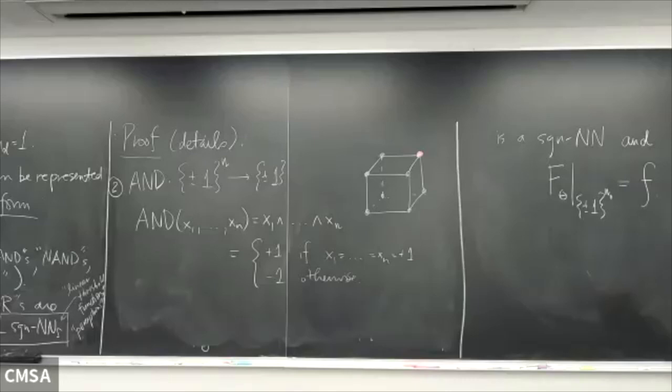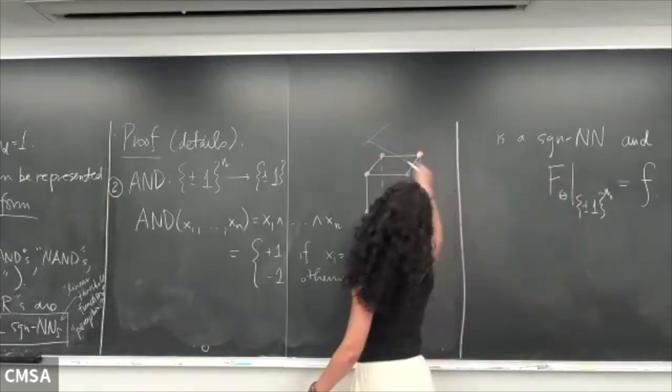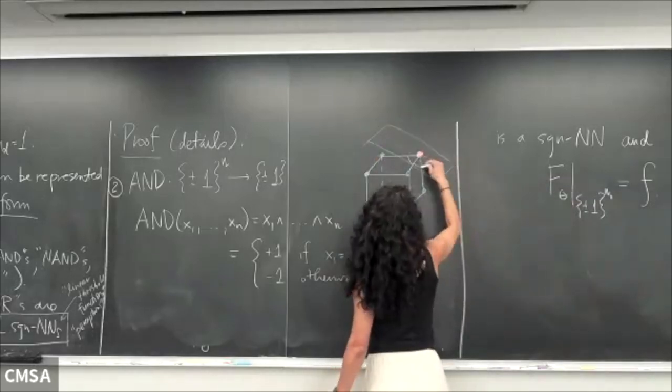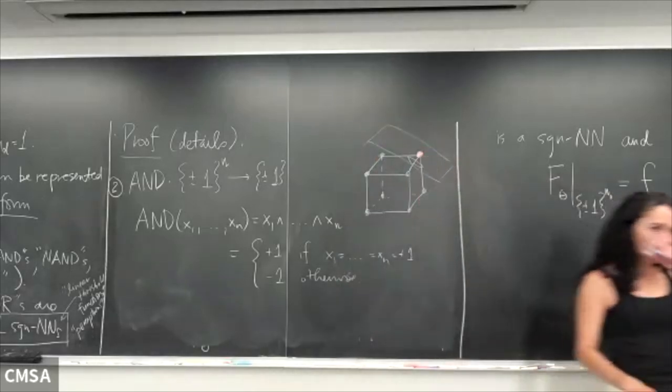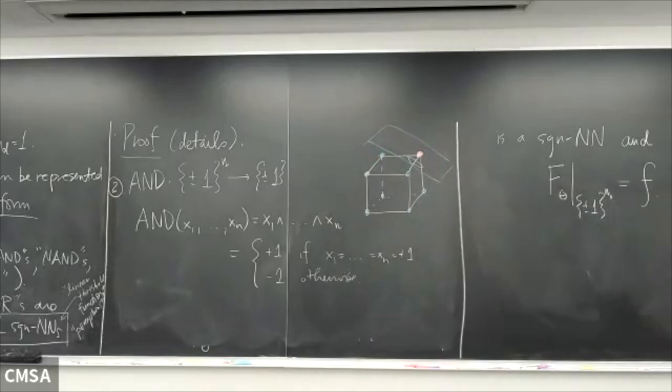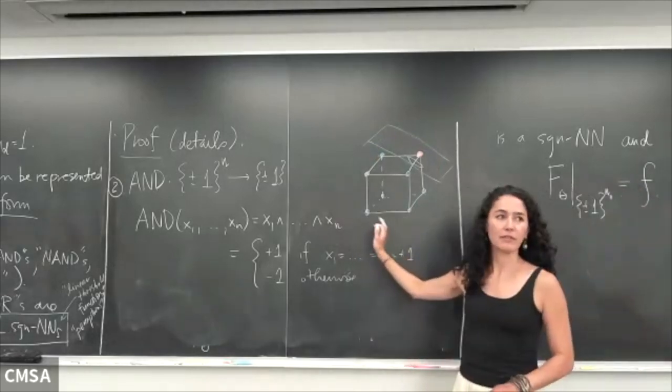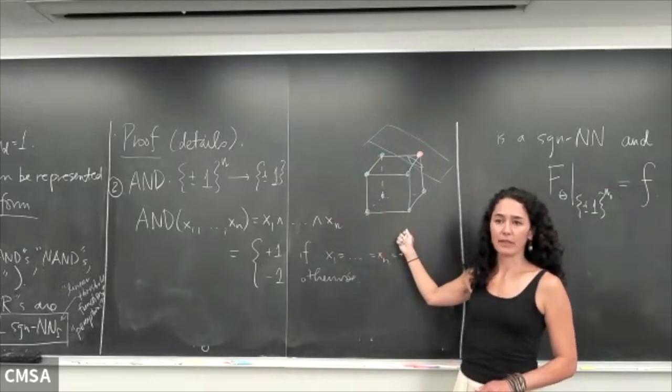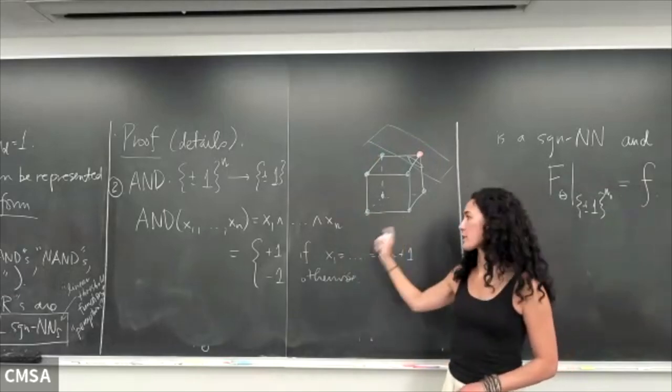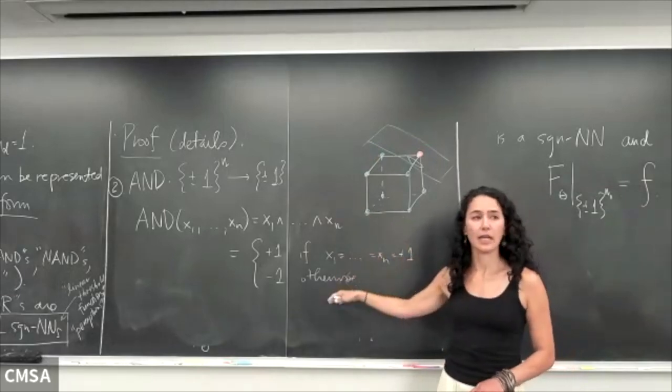So what you're looking for is a co-oriented affine hyperplane that separates the blue dots from the red dot. And of course, there is one, lots of them. Anything that cuts off that vertex of the cube. This is the proof of that, and it can be represented by a linear threshold network, or in other words, as a one-layer sine neural network.